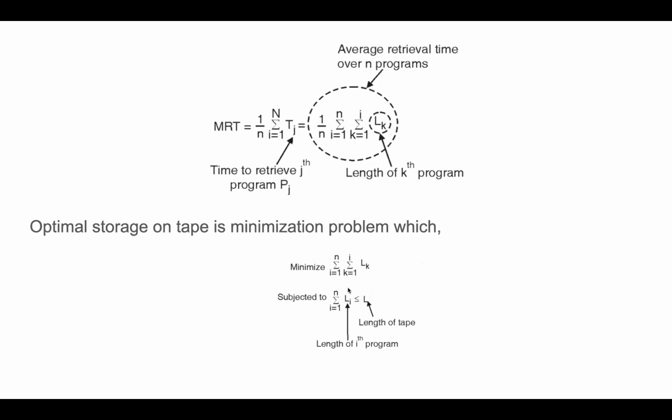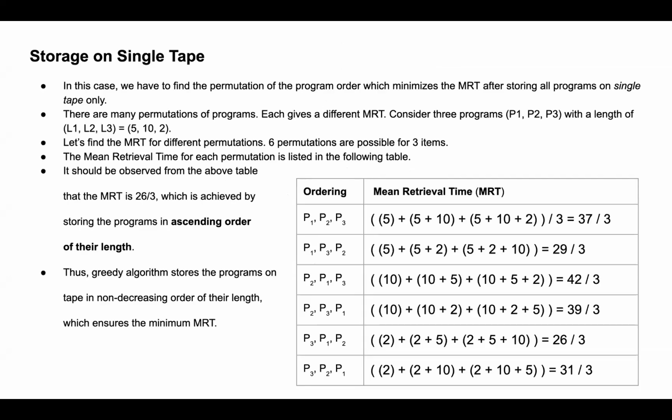We have to minimize this function, summation I from 1 to n, summation k from 1 to I, lk. It means the length of all programs we have to minimize, subject to the sum of lengths of all programs being less than or equal to the length of the tape. Here we are considering storage on a single tape.